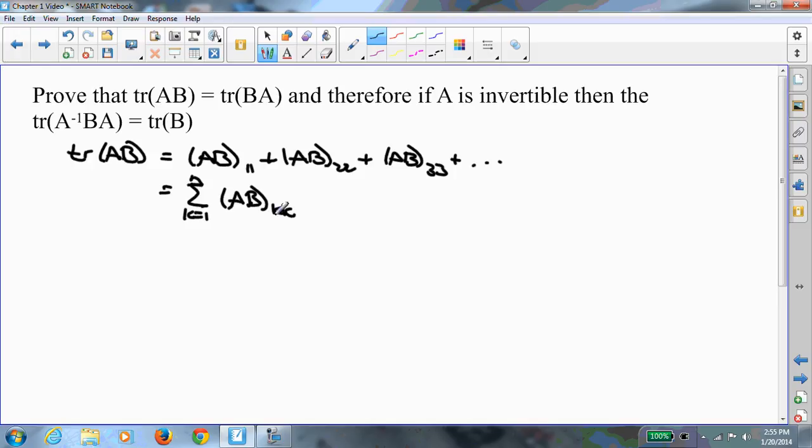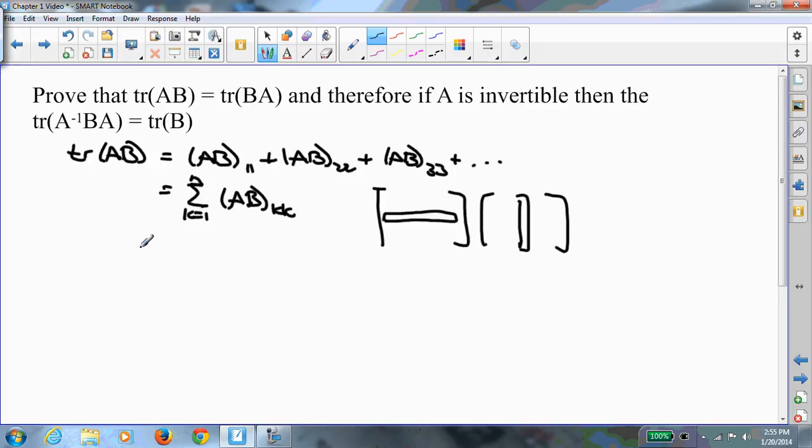Now, that itself I can re-represent as another summation, because if I multiply two matrices together, basically what I'm doing is I'm taking this row, let's call that the kth row, and this column, the kth column, multiplying them together and adding up their corresponding products.